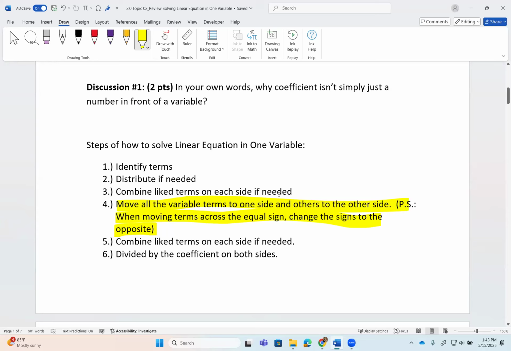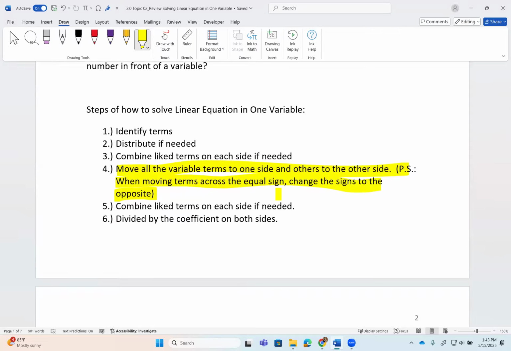Then step number 4, I rolled it out slightly differently. I'm going to move all the variable terms to one side and move all the other terms to the other side. Whenever I move terms across the equal sign, I have to change the sign to the opposite one. This is where I show students a little bit differently. The way public school teaches this step is moving one term, then combining, moving another term, then combining.